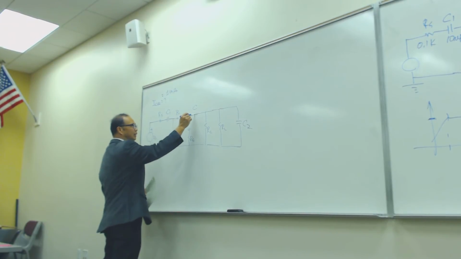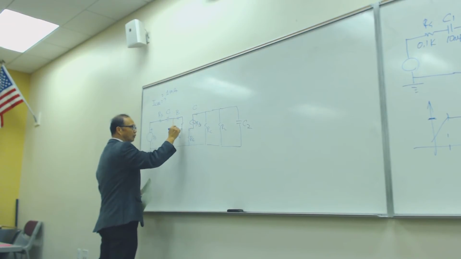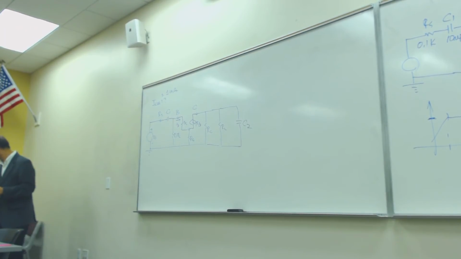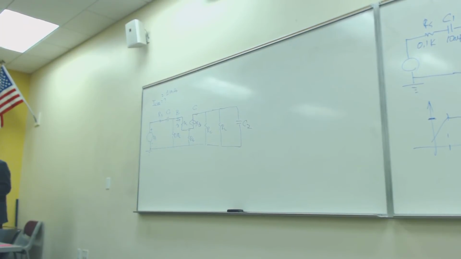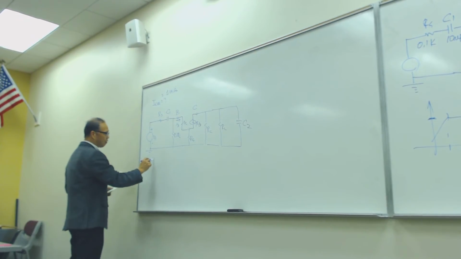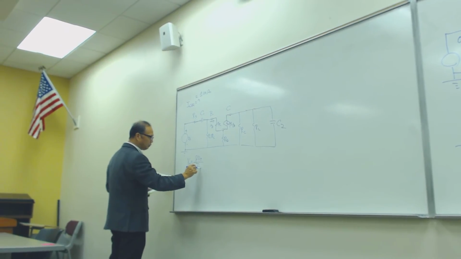So then here's the model for the BJT. Beta I sub B, this is R sub I, so this is I sub B. So R sub I is, according to the formula, R sub I equal to beta V sub T over ICQ.